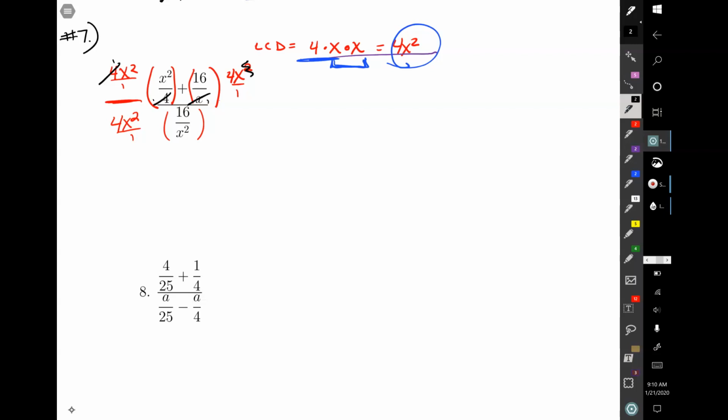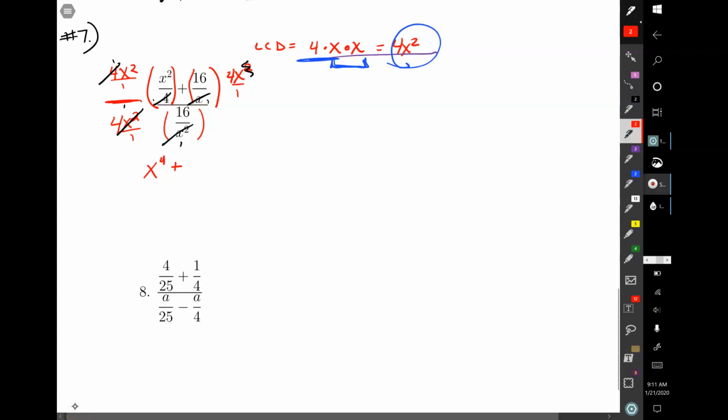Then in the denominator, this 4x squared times 16 over x squared, and the x squareds will reduce down to 1. So what I'm left with is, in the numerator, x squared times x squared, so that's x to the 4th, plus 16 times 4x, so I have a 64x there.